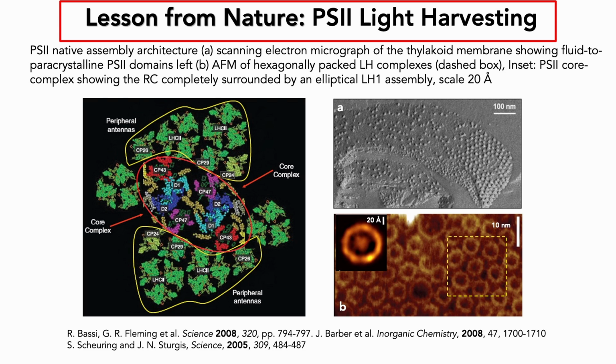If we look at the structure, and now we have data about that, it's a core-shell geometry. At the core, we have the unit that cleaves water into oxygen. At the peripheral shell, we have the antenna that collects light to power the reaction center, which is here.